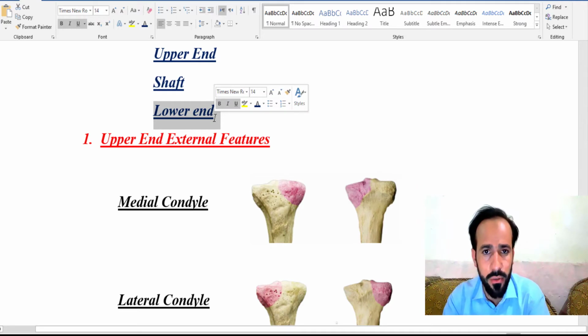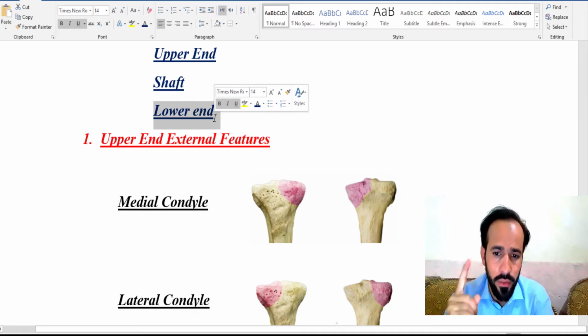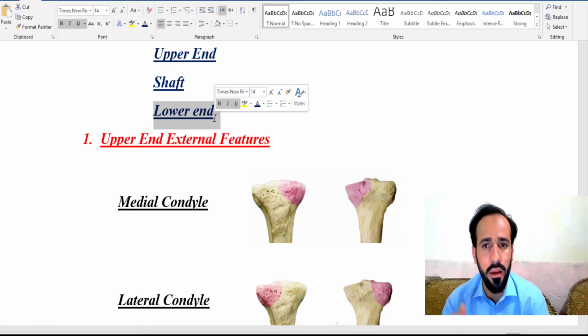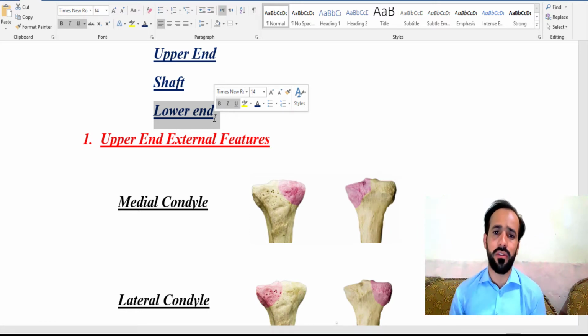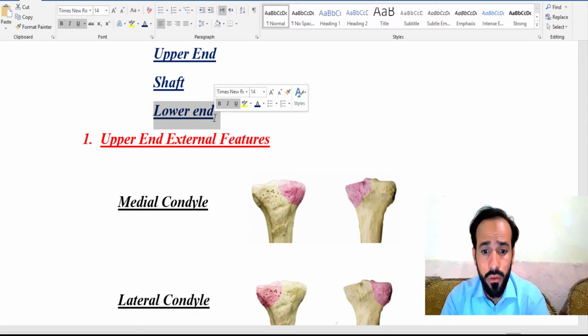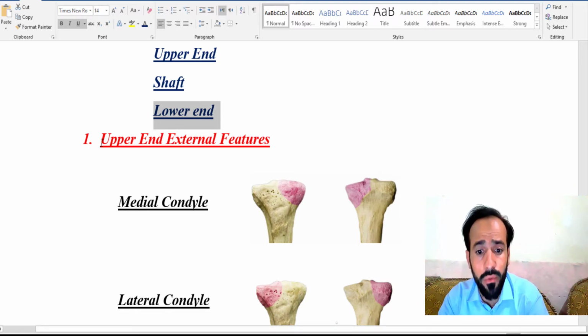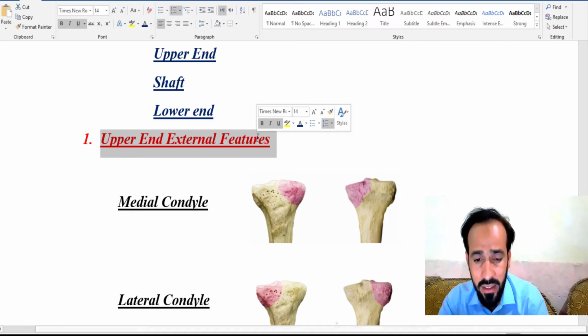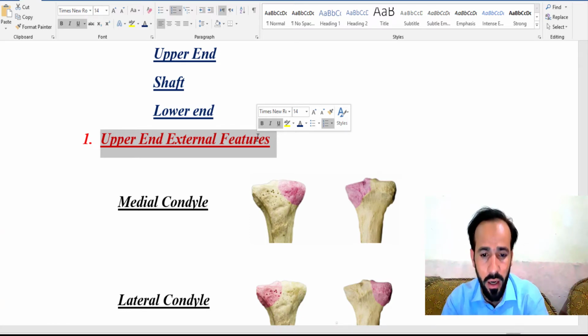So the tibia is divided into three important parts: the upper end, the shaft, and the lower end. I will show you on the bone itself, I will discuss it there, right? So right now in this video we are focusing on the external features of the upper end of the tibia, right?